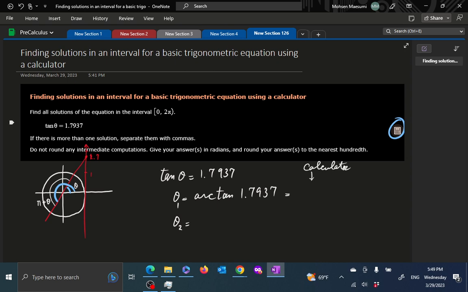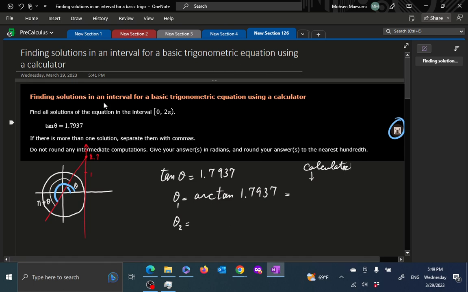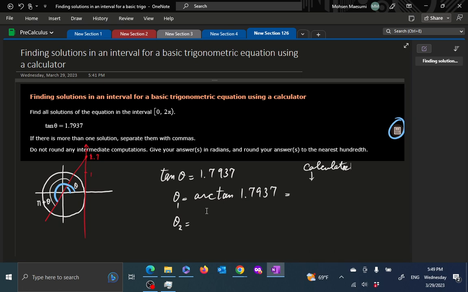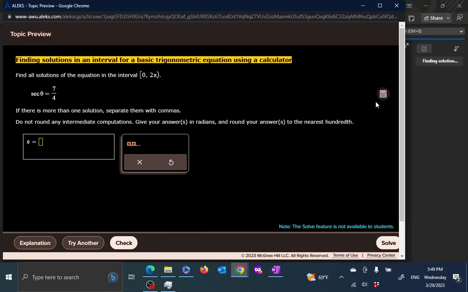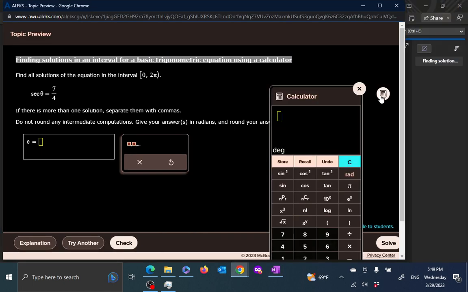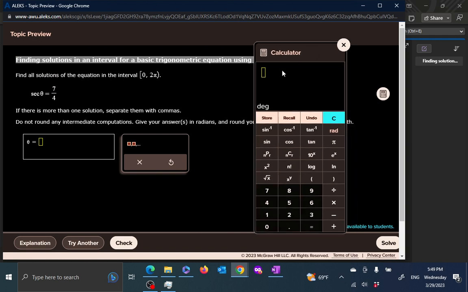So let's go ahead and figure out how our calculator looks. Let me write down this number so that I know what to enter there. 1.7937. So there is always some calculator here. And what do we have? First of all, we set our angle to radians. That's what the problem is asking for, radians. So this says degrees.